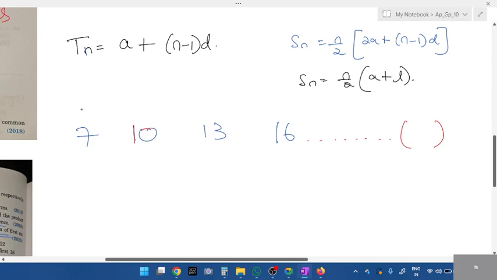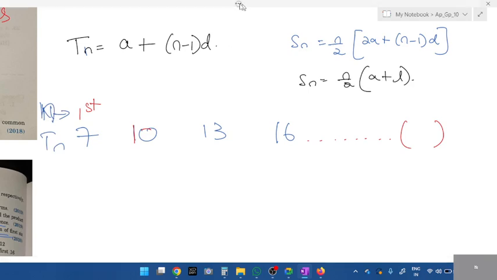Okay, seventh is which value? Tell me, seventh is which value? First term, we call it as term. So down value, top it is terms, n value, n and tn. Instead of writing term and values, remember it as n and tn value, n, tn. N, t of n.